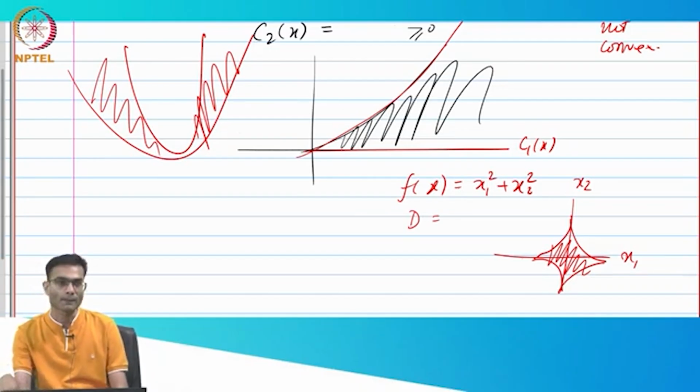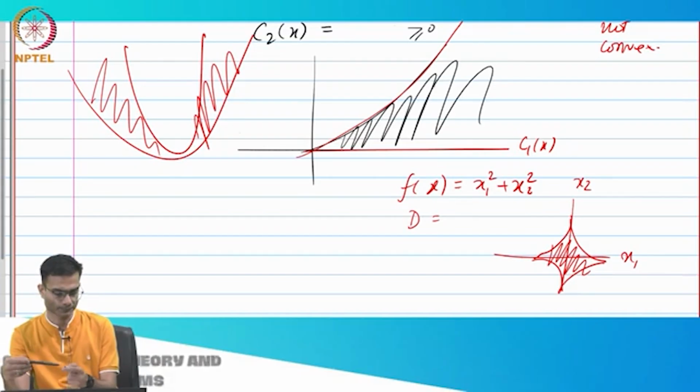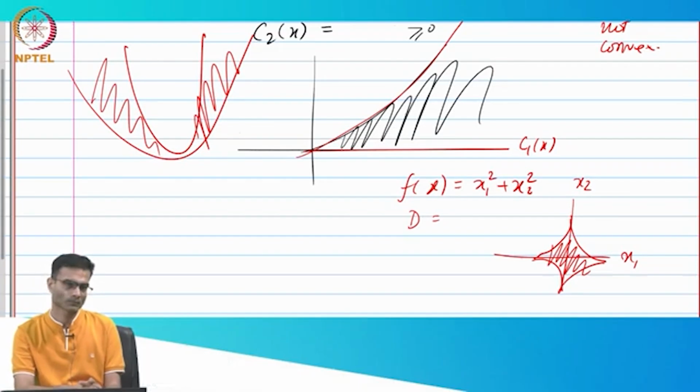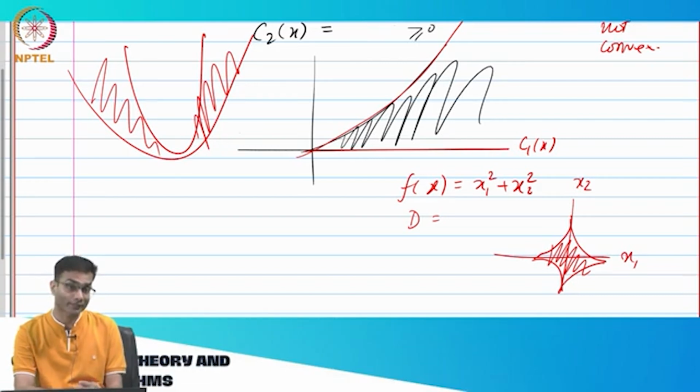Okay. So let's say the objective function is convex. The constraint, okay, let's not worry about the constraint. Let's say the domain you are defining is non-convex. The feasible region is concave. You are defining it like that. Then it's not a convex optimization problem straight away.